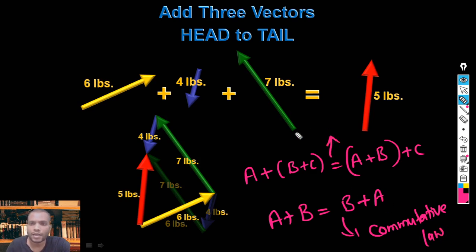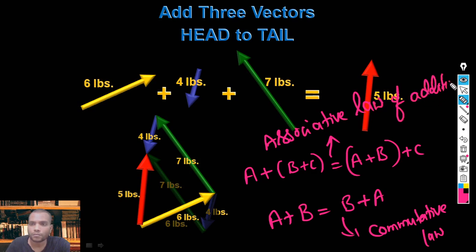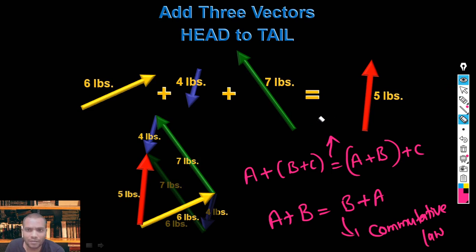And this is known as the associative law of addition. Yeah, here we are doing addition only. So you can change the order of vector addition, but the resultant vector will be the same.